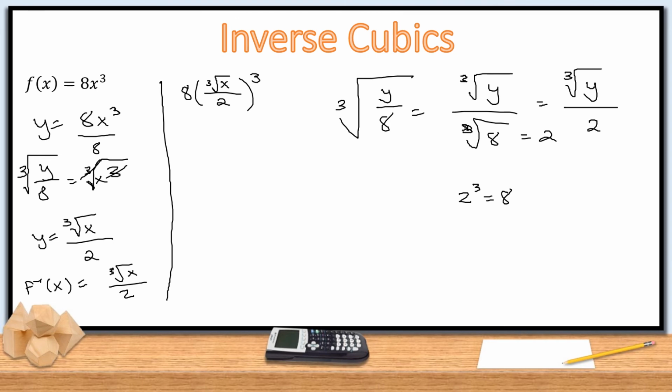When you cube a fraction, you end up cubing the top and the bottom, so they both get their own cube. This means we end up with 8 times the cube root of x, cubed. They cancel, so we end up with x, and then 2 cubed is 8, and the 8's cancel. We're left with x. So verified.